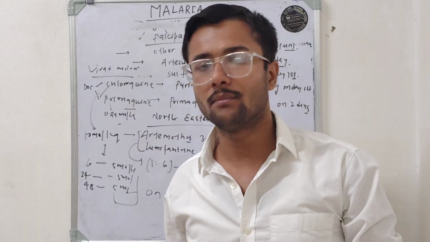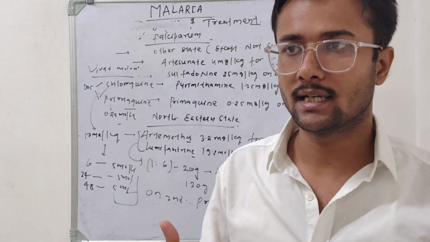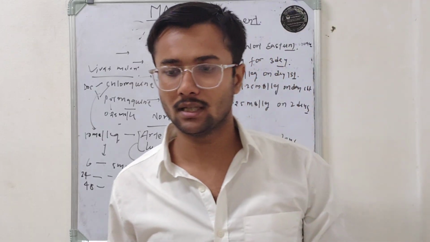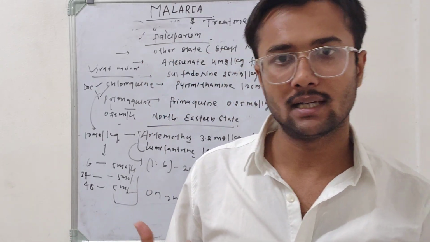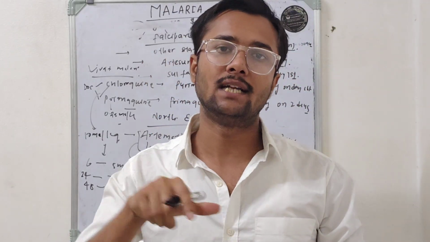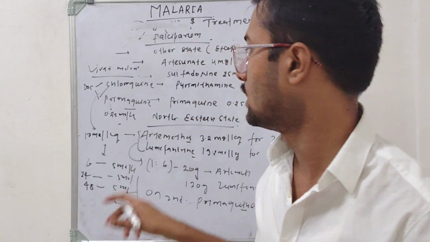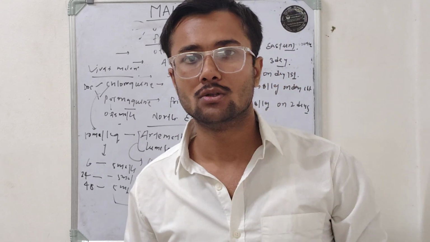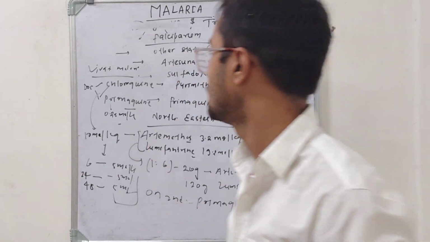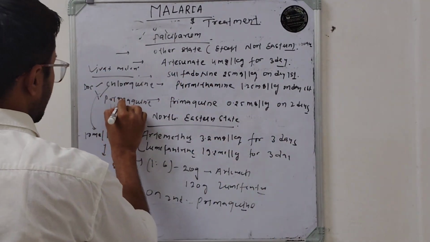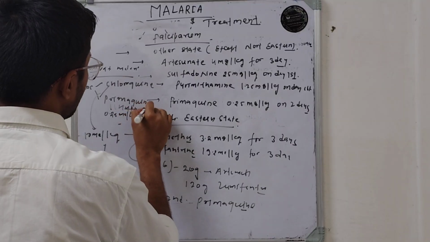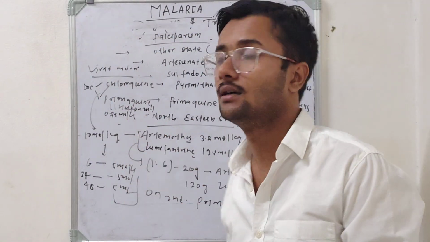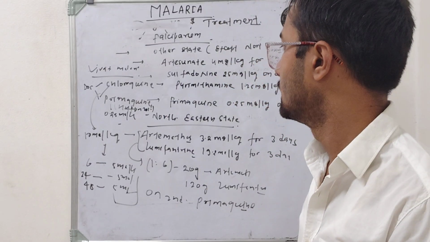Because in vivax malaria, there are hypnozoites. These hypnozoites are hidden inside the liver, and so there is a chance of relapse, I mean a chance of second-time infection. So for killing the hypnozoites hidden inside the liver, primaquine is especially used. That's why we give primaquine for 14 days.